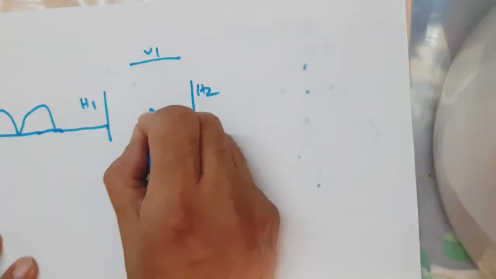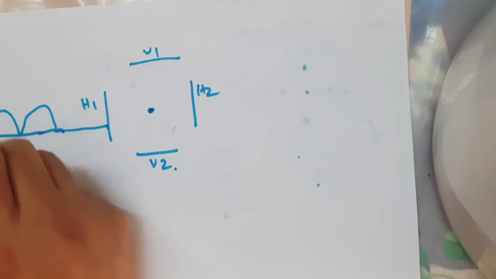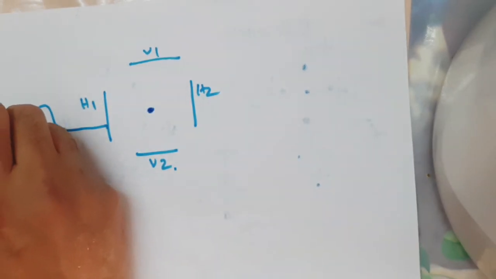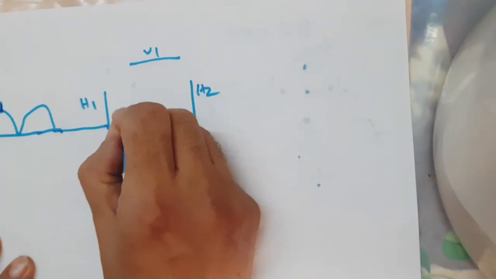In this H1, at that time, what is the position of the spot? If this is 0 voltage, the spot is at the center, the voltage is more positive, more positive, up to maximum, then the spot moves left hand side.